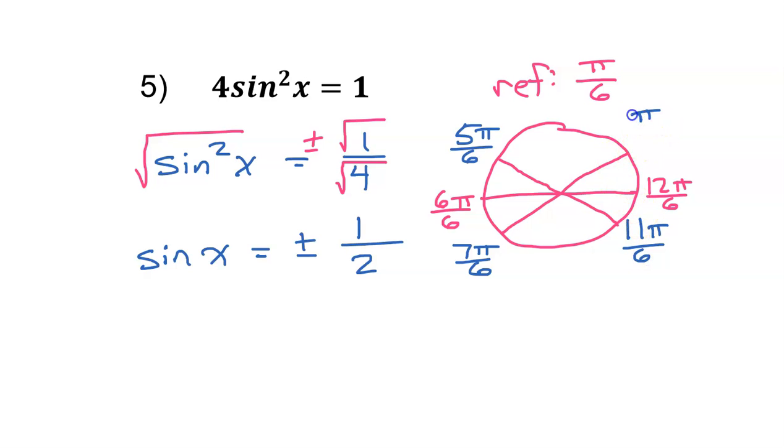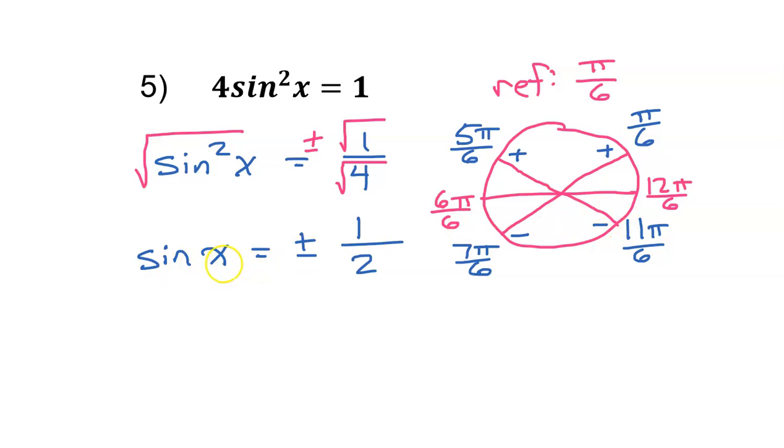And this is just pi over 6 in the first quadrant. The sine of any of these 4 angles will be some type of 1/2. It's just that I will have a positive 1/2 in these 2 quadrants, where sine is positive, and I will get a negative 1/2 in these 2 quadrants, where sine is negative.